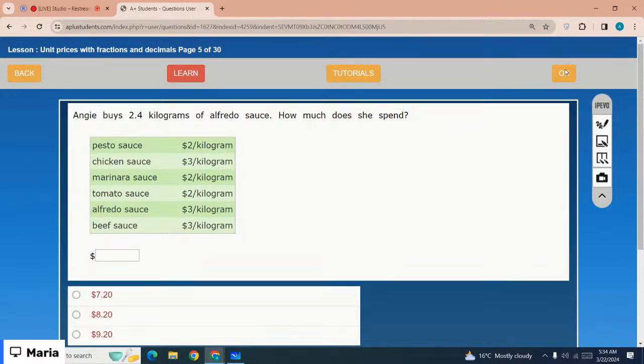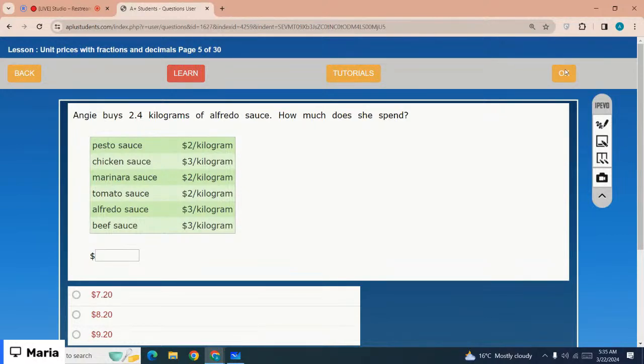Angie buys 2.4 kilograms of Alfredo sauce. How much does she spend? So which is the correct option? The correct option is... Alfredo sauce is 3 kilograms.